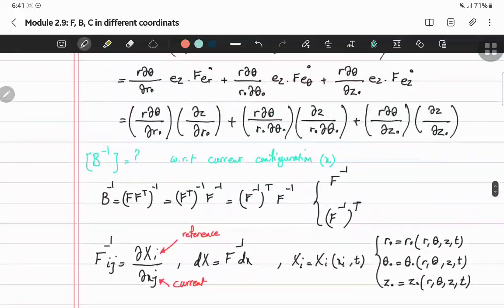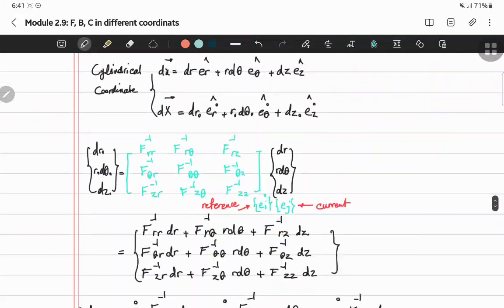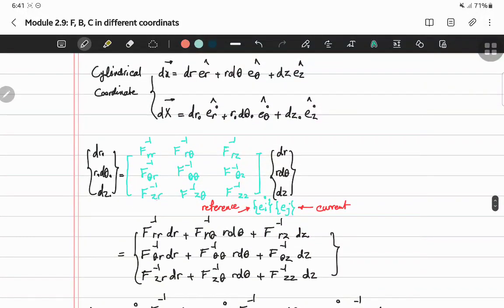So if I can find F inverse transpose RZ, this RZ should go in here for the transpose.